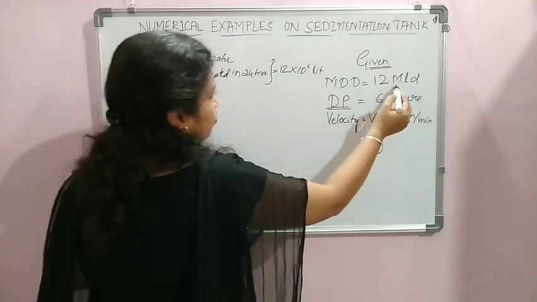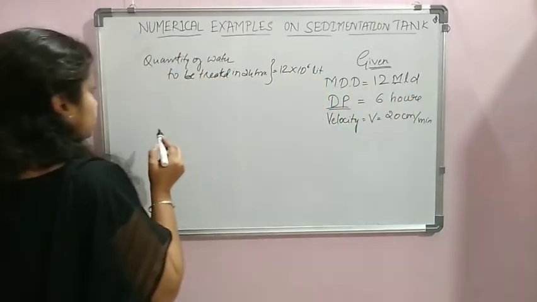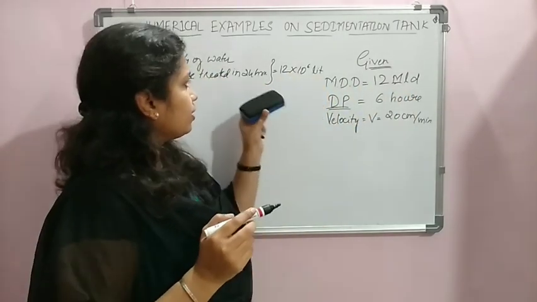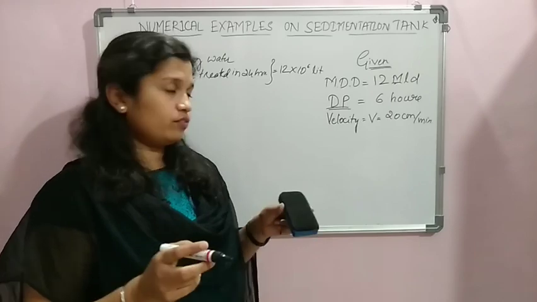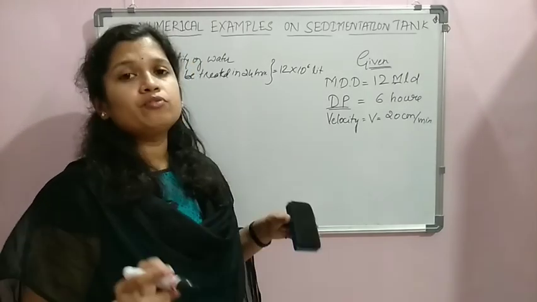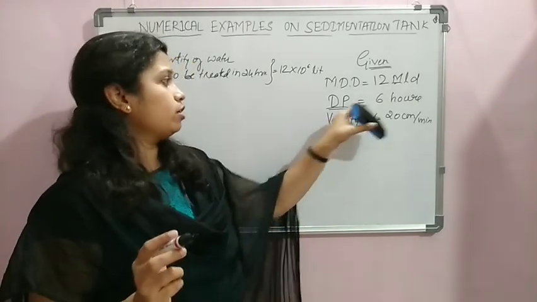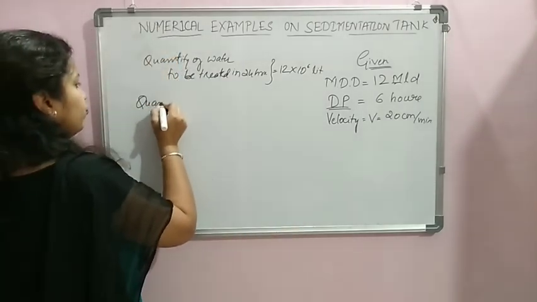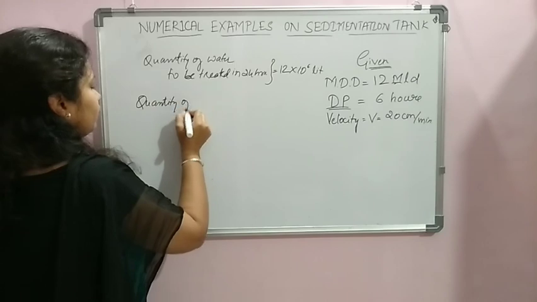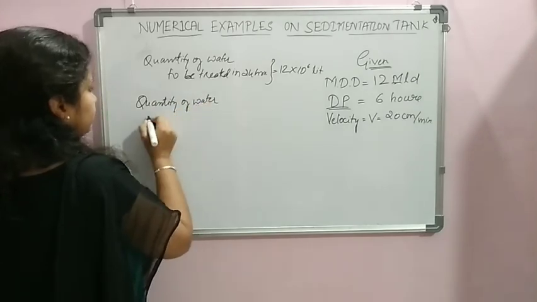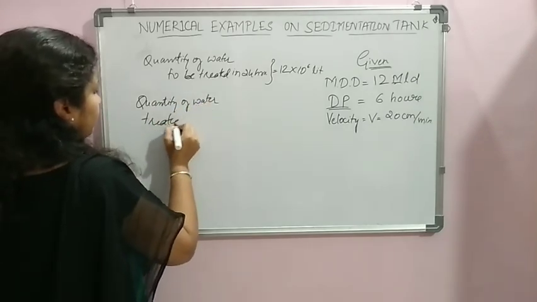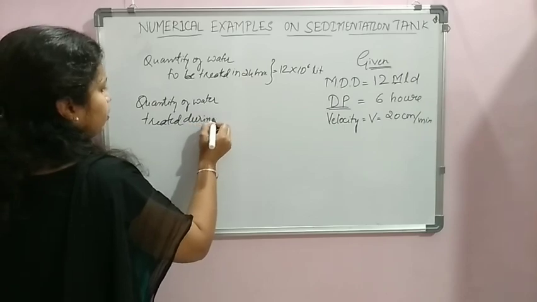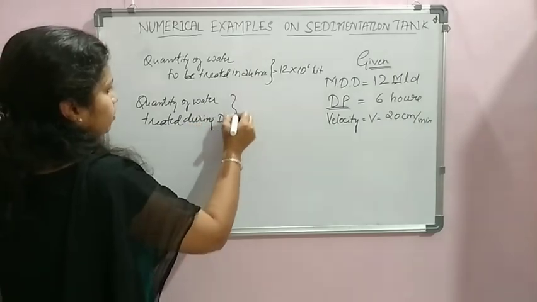For million we have written 10 raised to 6. If this is the quantity of water treated during 24 hours, then what will be the quantity of water treated just during the detention period of 6 hours?